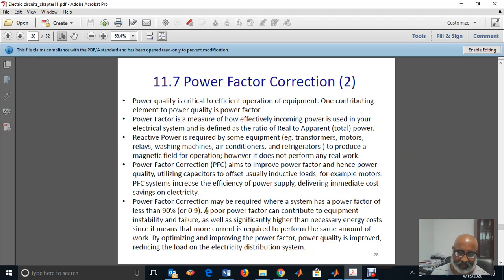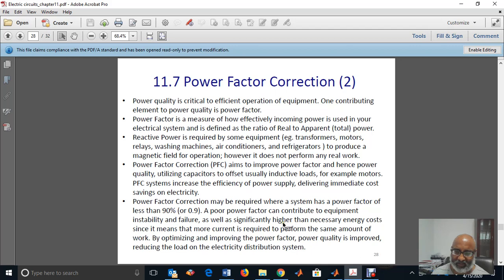So it's very important. Here there are some notes you can read. Power factor correction may be required where a system has a power factor of less than 90%. If the cosine of theta v minus theta i is less than 0.9, we usually need a power factor correction.